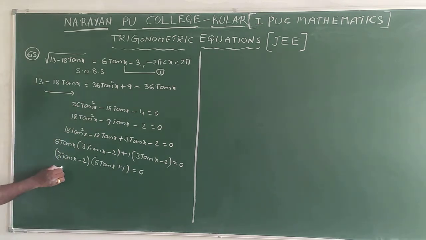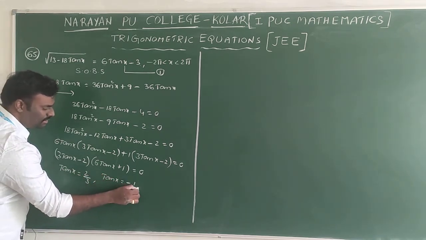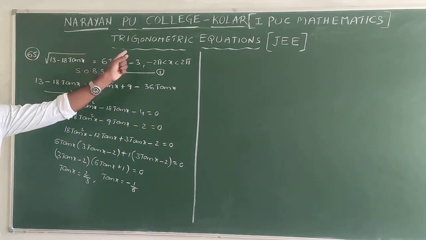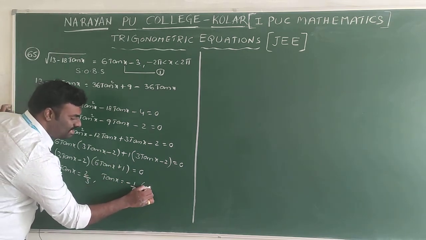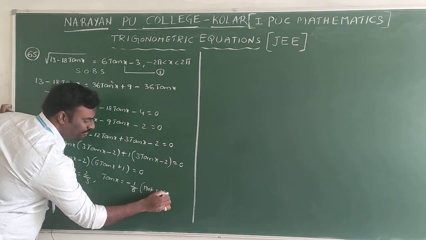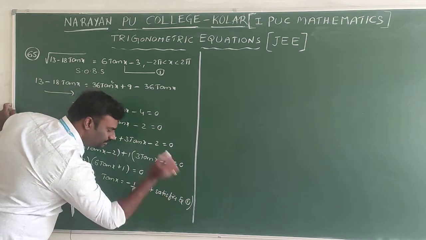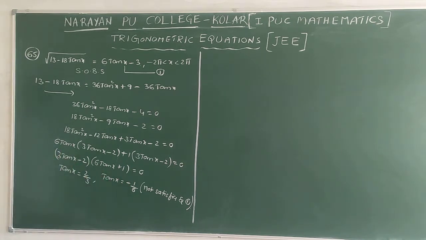Now from this we will get tan x is 2 by 3, tan x is minus 1 by 6. But if you substitute this tan x in equation 1, LHS, RHS both are not equal. So this one does not satisfy the given condition. If this is not satisfying the given condition, obviously what is the answer? Tan x is equal to 2 by 3.